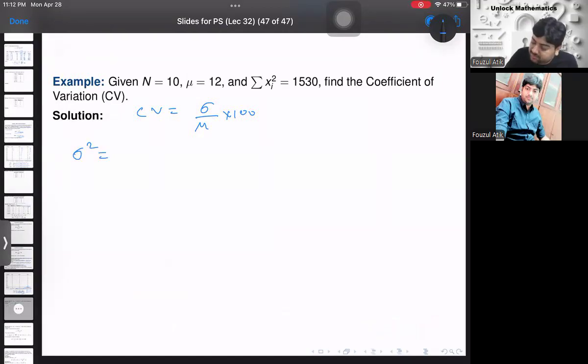You consider this as grouped data only, because summation xi square is given. It is summation of xi minus mu whole square divided by n. This formula you can write in this way also: summation of xi square divided by n minus mu square.